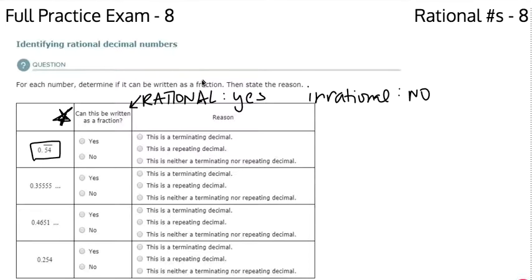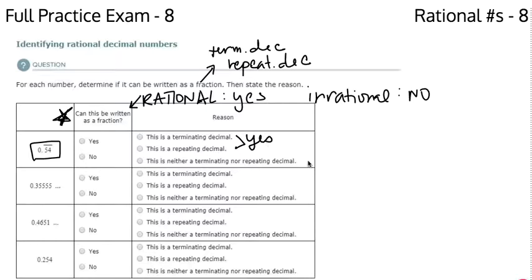Rational numbers are terminating decimals, repeating decimals. And if you look at my options here, those are all the reasons. It's terminating, it's repeating, or it's neither. Okay, so if you mark yes, this would be one of your answers.